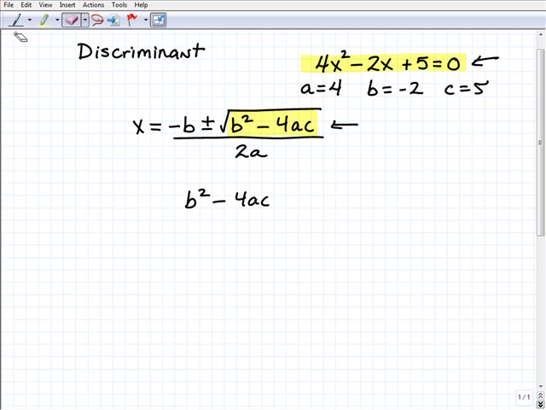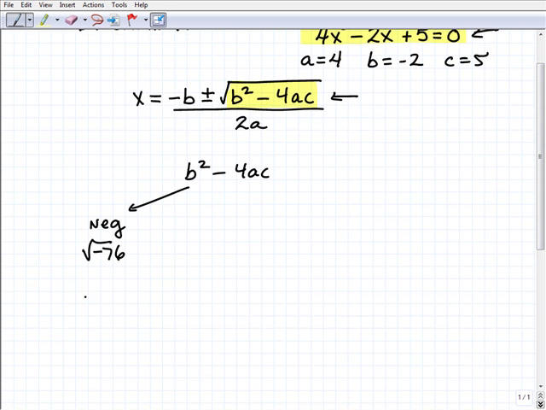B squared minus 4ac, that's the discriminant. When the sign is negative, like in this case where we had the square root of negative 76, you end up with an imaginary number in that radical. So it means that you're going to have two complex roots.